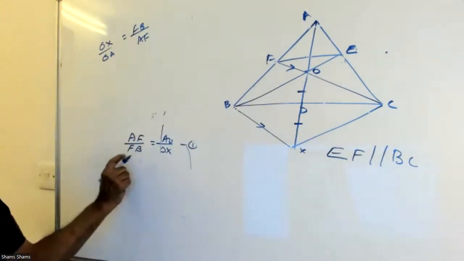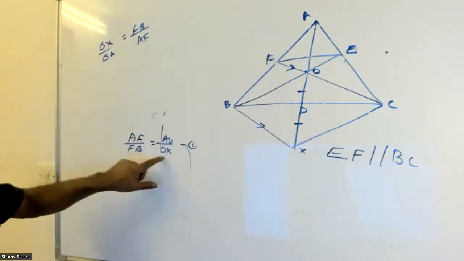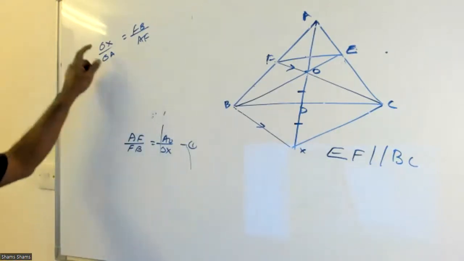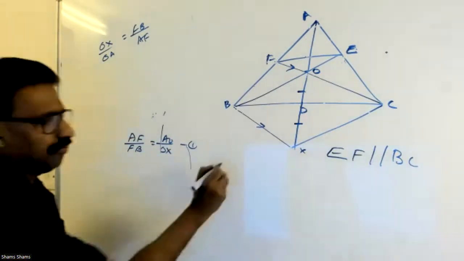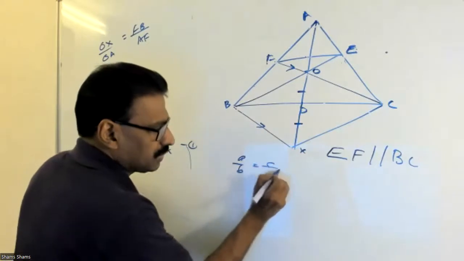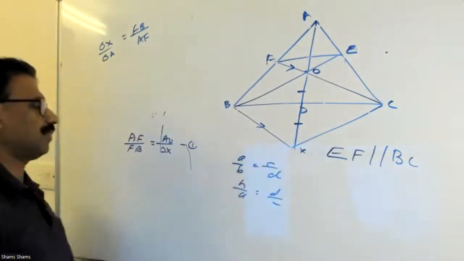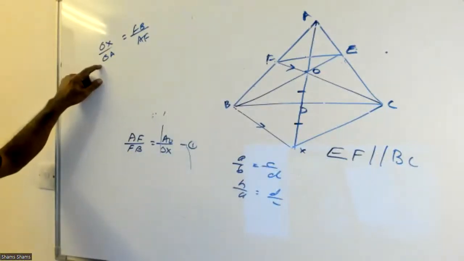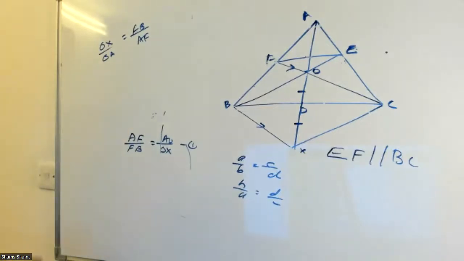In the first one, we got AF by FB equals AO by OX. So we can write OX by OA by just taking the reciprocal. If A by B equals C by D, we can write B by A equals D by C. So OX by OA equals FB by AF.